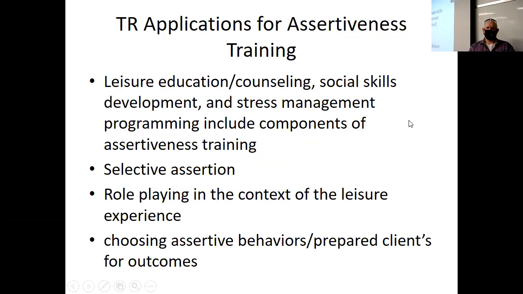As far as therapeutic recreation and assertiveness training, leisure education, counseling, social skills development, and stress management programming include components of assertiveness training. That's where you are going to find that. It's part of leisure education, where you help them find what's available to them, choose it, and say, I want to do this.